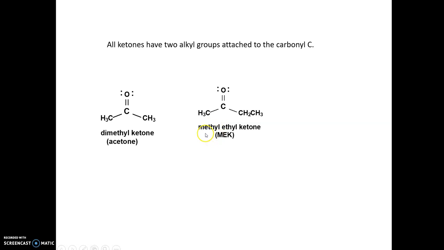For example, in methyl ethyl ketone, one alkyl group is methyl and the other is ethyl. It is also not always necessary to have an alkyl group. One of the valencies can be satisfied with an aryl, and an example is acetophenone, or methyl phenyl ketone.